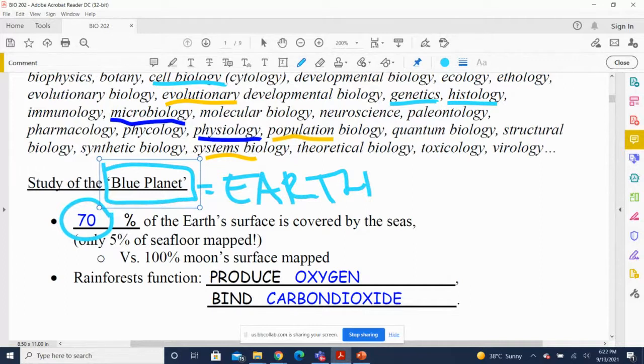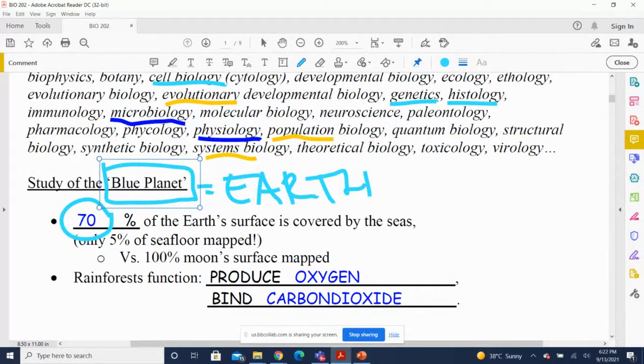So if we end up in a situation where deforestation takes place, and we're losing all these big carbon dioxide binding sites on the earth, we find ourselves in a troubling situation where the carbon dioxide concentrations climb, and that will have other consequences for mankind's survival odds on the earth.